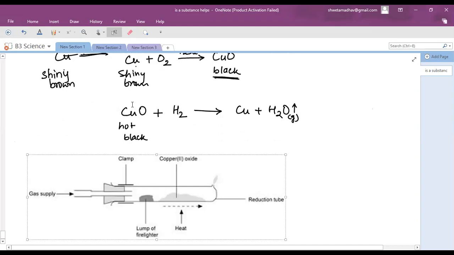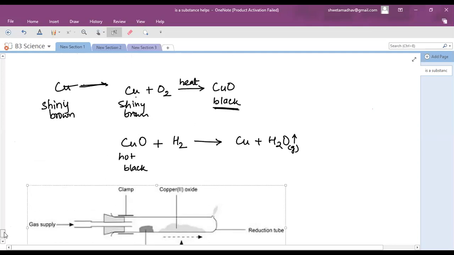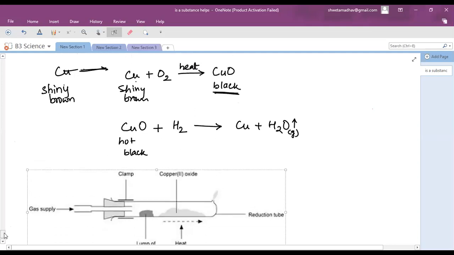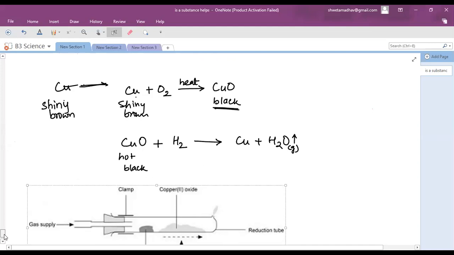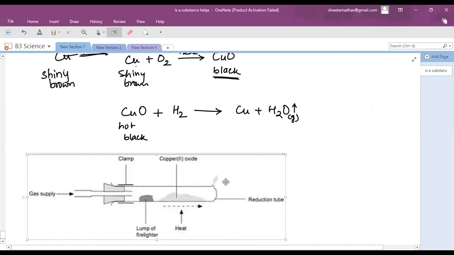So both the equations are very important. Ma'am, what's the lump of fire lighter? They have given it for the heat. It should be heated. This is not exactly what I want to explain to you, but they have given this.